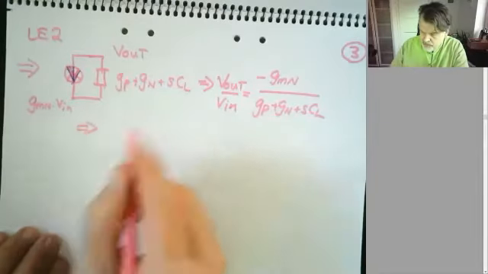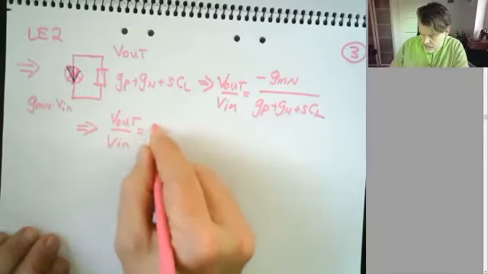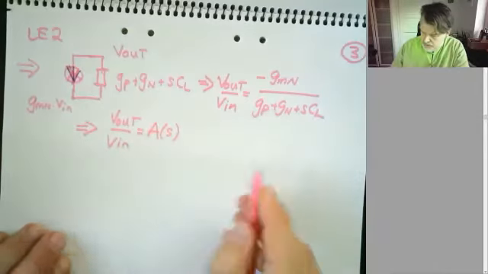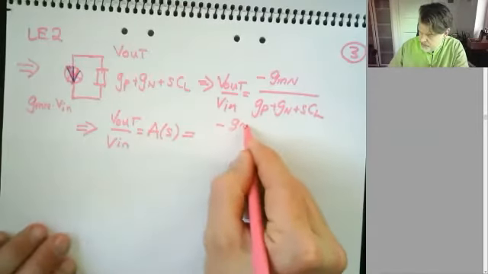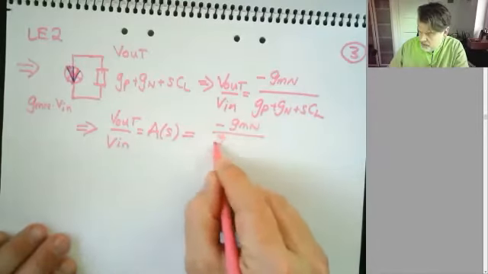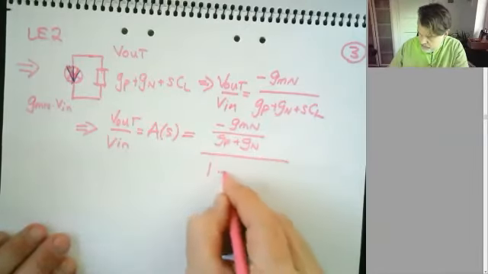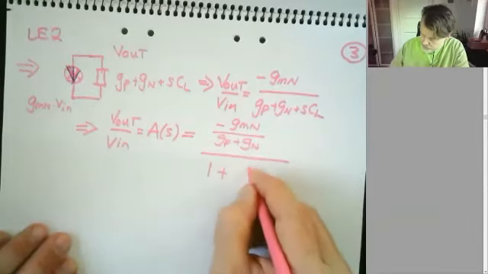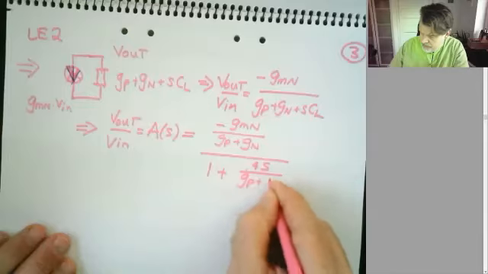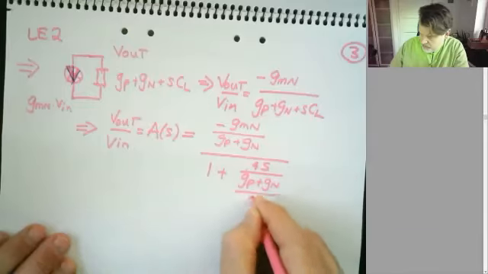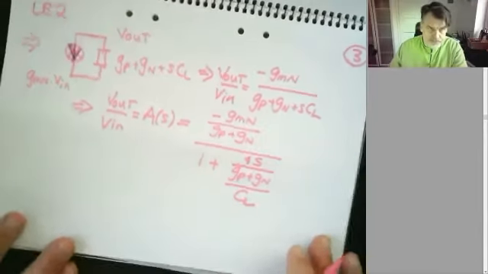So that's equal to some sort of transfer function AC of S equal to minus GMN divided by GP plus GN, divided by 1 plus S divided by GP plus GN divided by CL. All right.